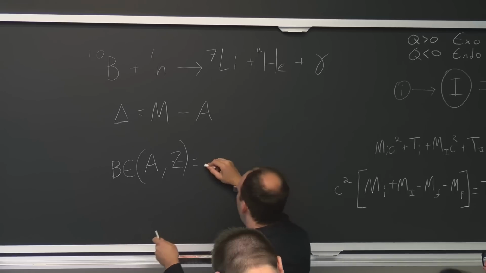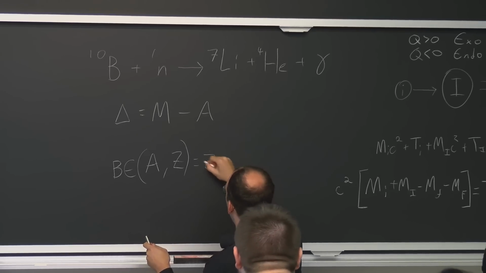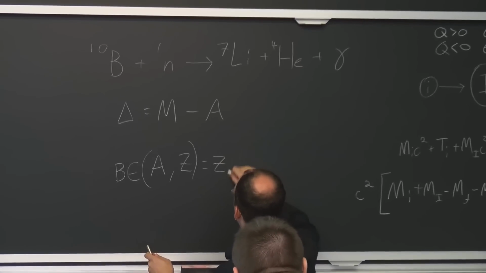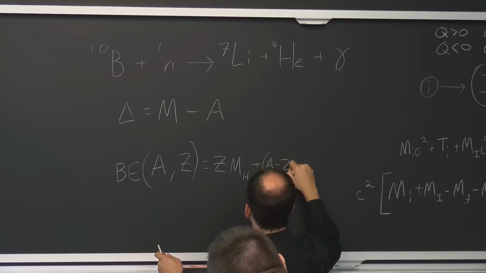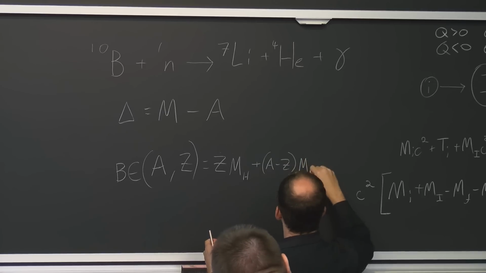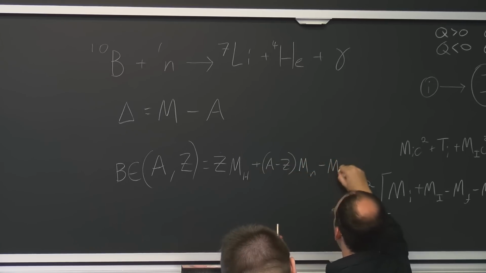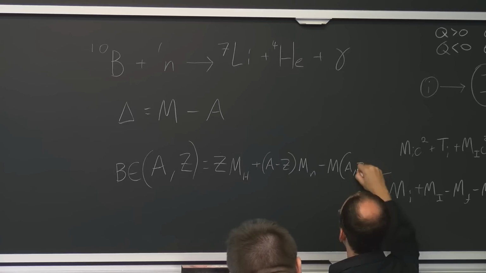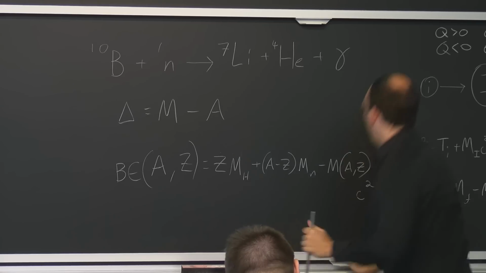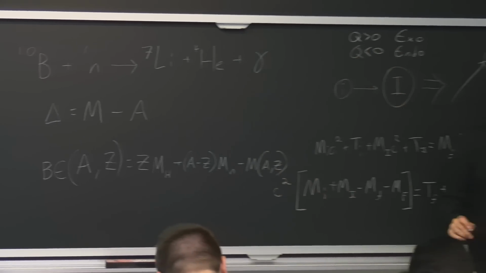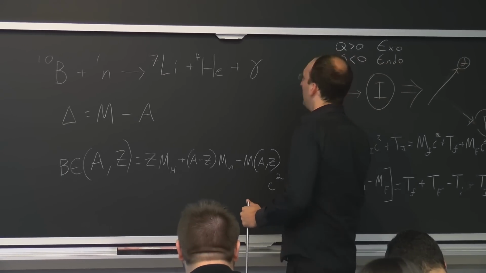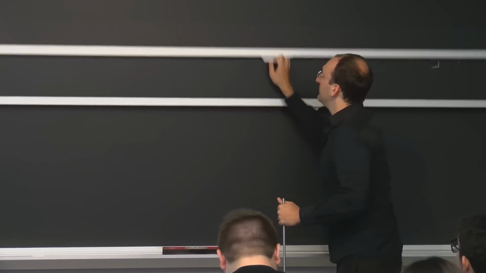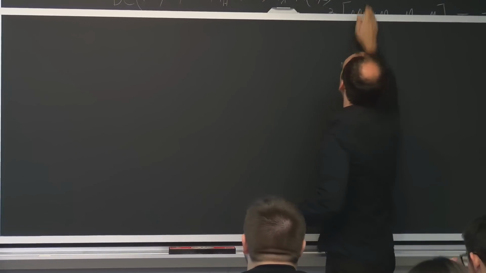It would be the sum of its individual nucleons minus its actual mass, which also is a function of Z and A, or its proton number and its total atomic mass number. So let's leave these things up on the board while we move into some new stuff.